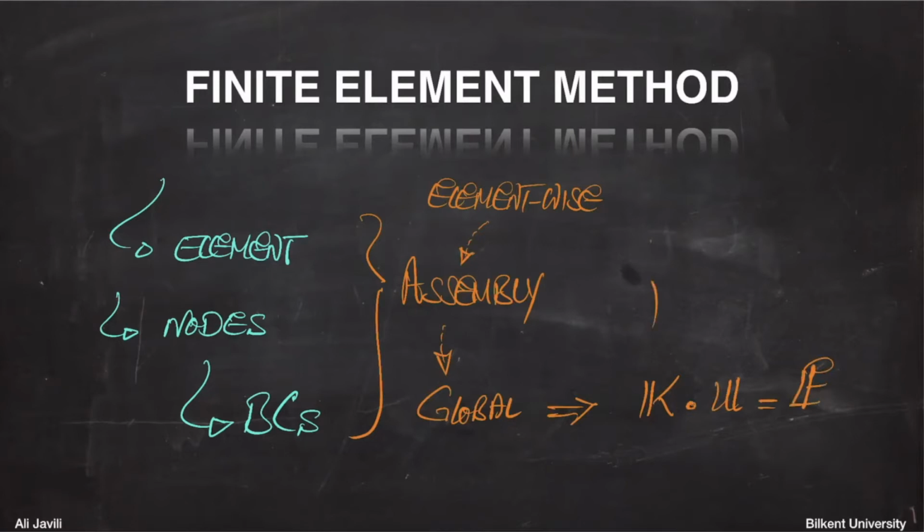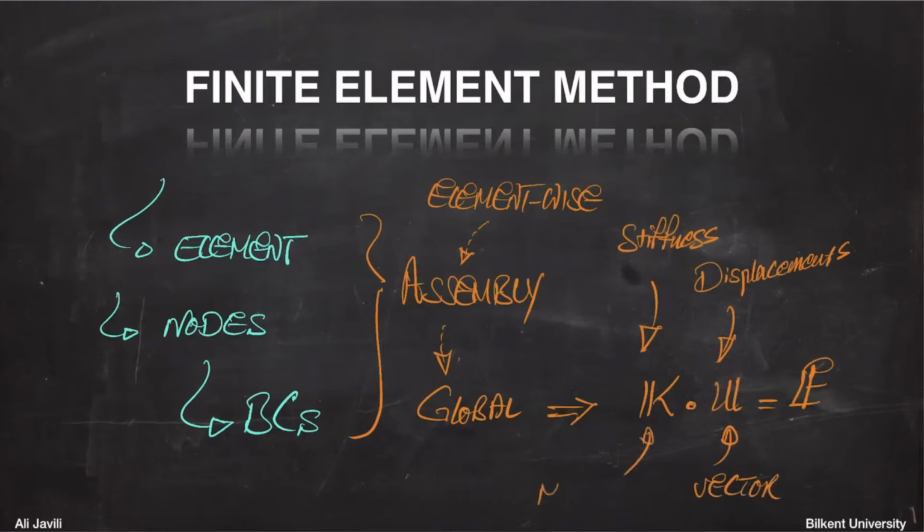Okay, so this would be your stiffness. This is your displacements. And then again, this is a vector. This is a matrix. And on the right-hand side, you have forces.